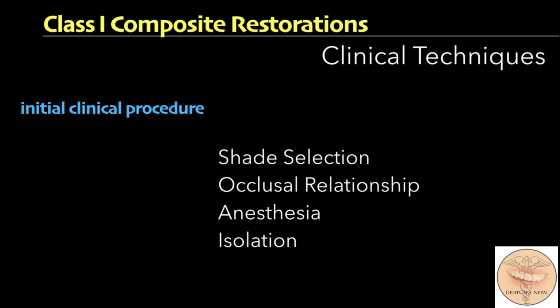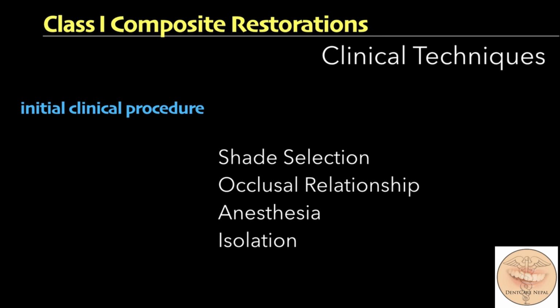Minor or no tooth preparation may be necessary; clean the operating site with a slurry of pumice to remove the biofilm, plaque, pellicles, and superficial stains, and sometimes calculus removal is also important. Knowing the occlusal relationship is paramount for optimum restoration.